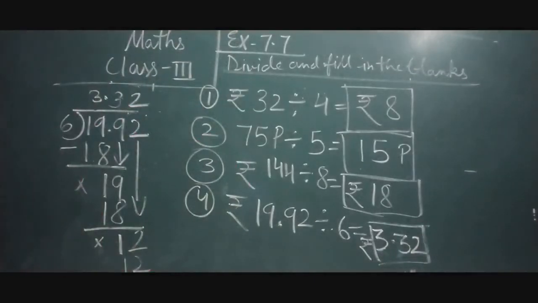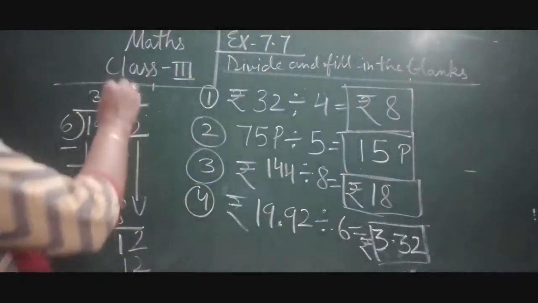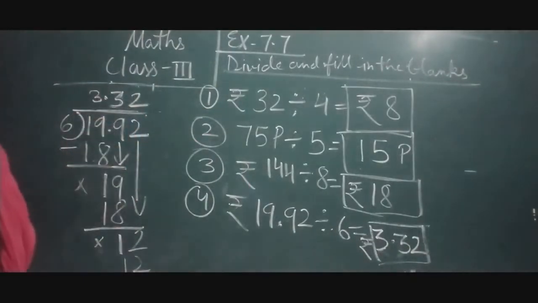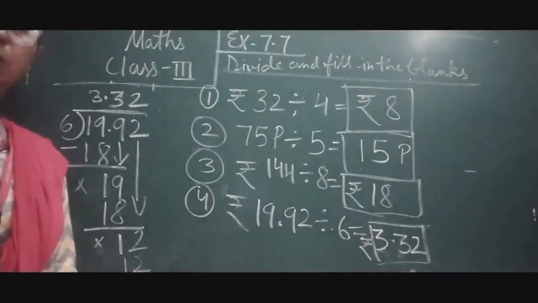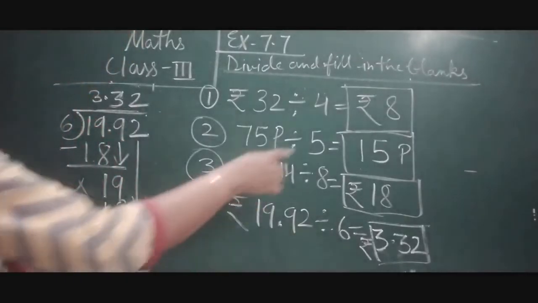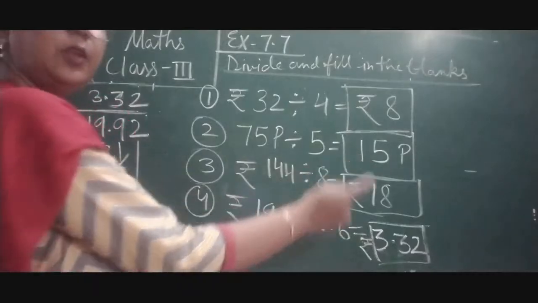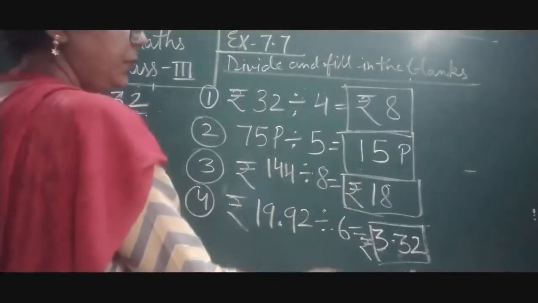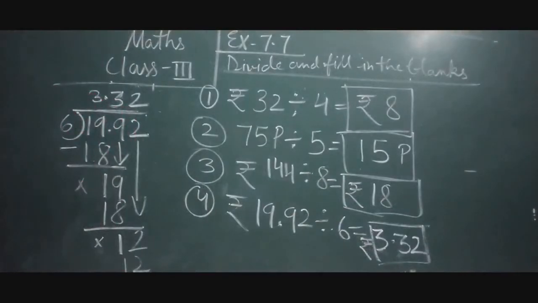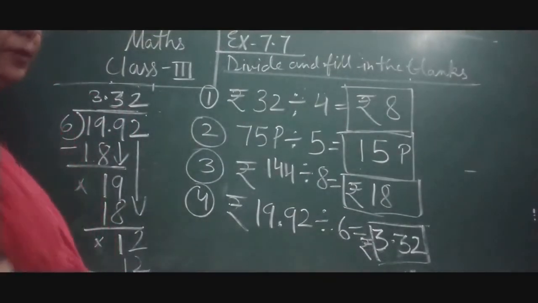So this is your answer, 3 rupees 32 paise. So completed, children. Now number 4 we have done. First answer is rupees 8, then 15 paise, then 18 rupees, and then rupees 3 and 32 paise. So completed.